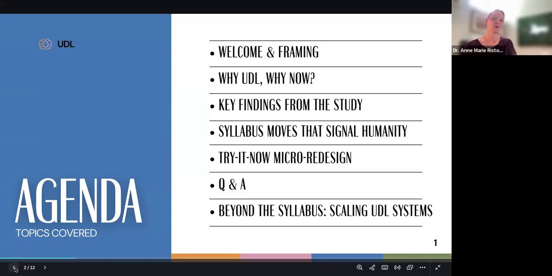So, why UDL and why now? I'll go into what was happening in society at that time that we wrote the article, and is still happening. We're going to share some key findings, and you're going to work on some syllabus moves of your own and try it out with an idea from your current syllabus for a little micro redesign.